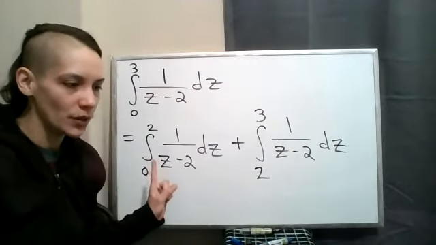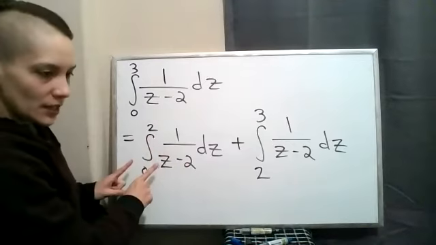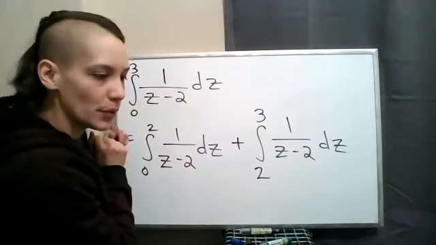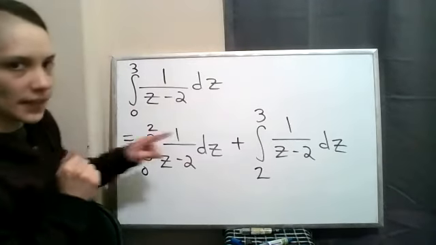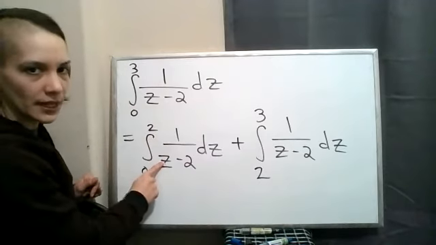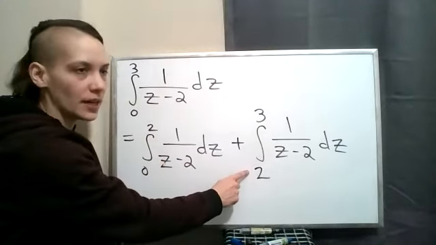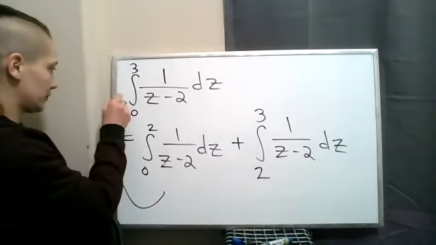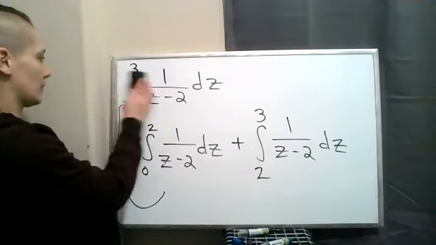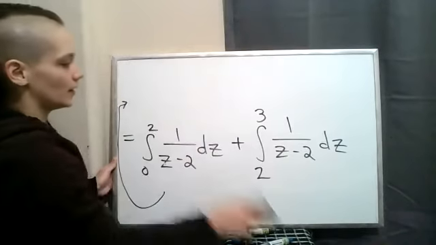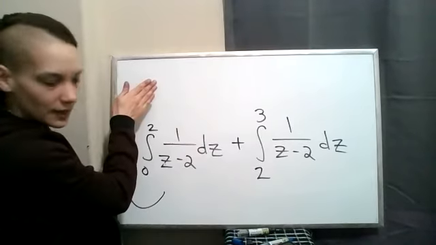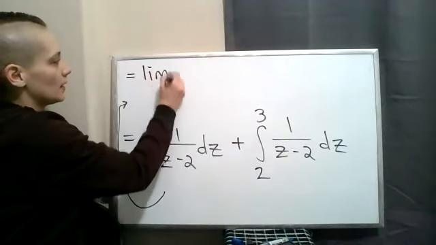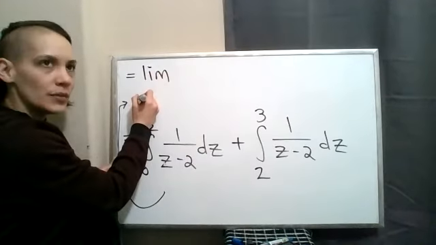So we're going to go from this form to the limit form and approach 2 from the left for the first integral. And then we'll approach 2 from the right for the other integral. So from here to there, we take the limit as t goes to 2 from the left.